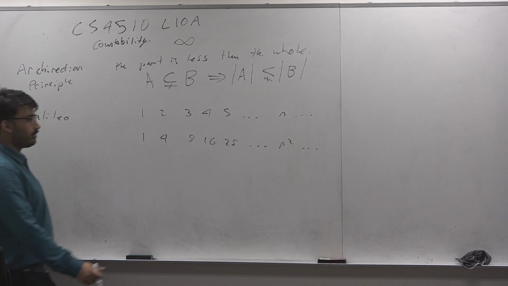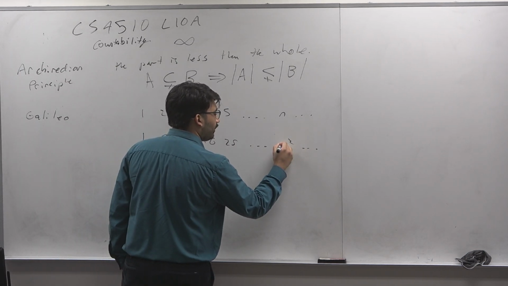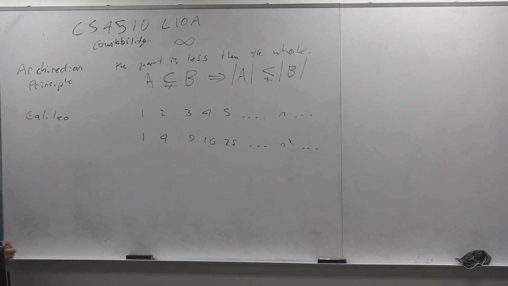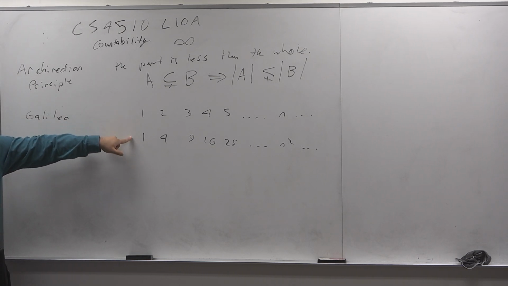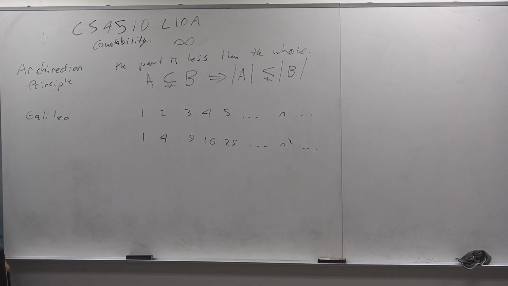Perfect squares are any number multiplied by itself. What Galileo notices is that the naturals are there, fine, and the perfect squares are there. The perfect squares are part of the natural numbers, yet may be put in correspondence with the natural numbers. So Galileo says there are as many perfect squares as there are natural numbers.